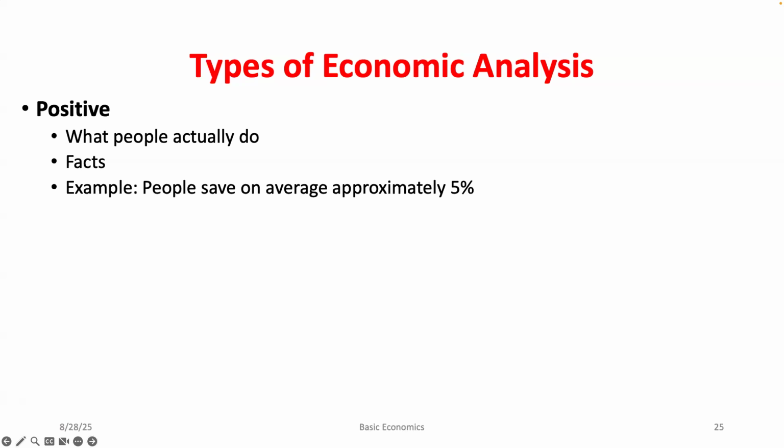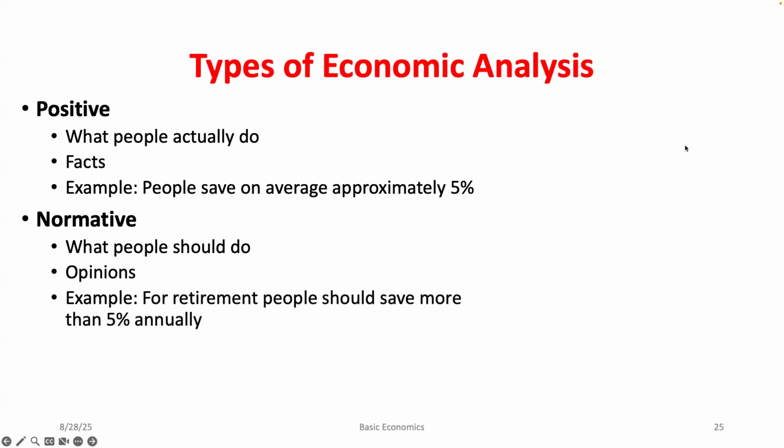However, if I'm going to quit working at 65, I need to have a retirement account, right? There's always ebbs and flows in the economy. I probably want to have some money set aside in case inflation occurs and prices go up. So even though people are on average saving 5%, we can also make normative statements, which is that people really should be, if they're choosing optimally to consider all these other things, saving more than 5%.